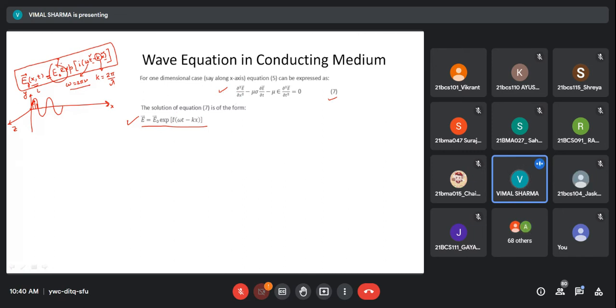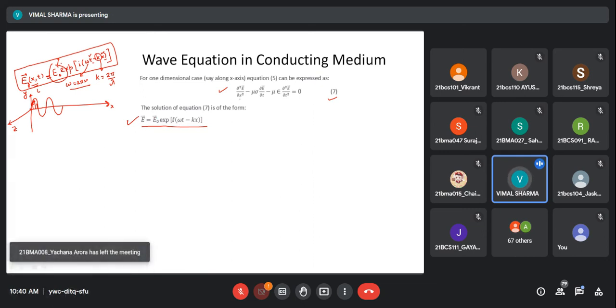So we are writing the solution to this type of electromagnetic wave equation. If we do it by the separation of variables technique, we can definitely write this type of solution. We know the solution is of this form: E naught times the exponential function of i(omega t minus kx). k is the wave number, omega is the angular frequency of this electromagnetic wave.